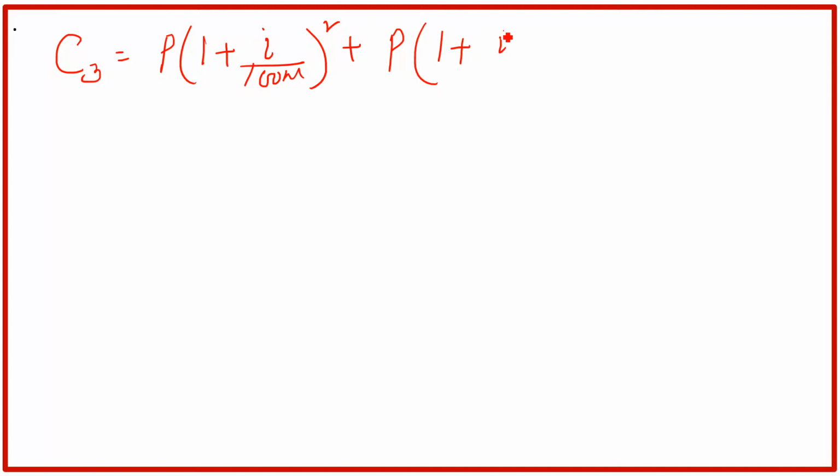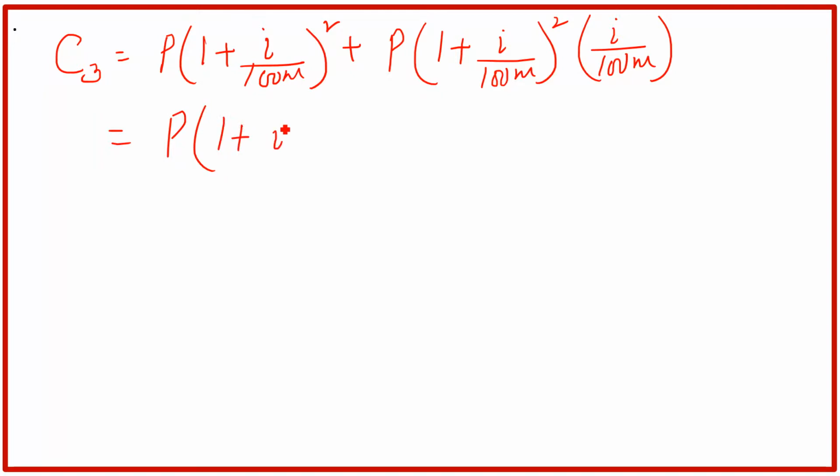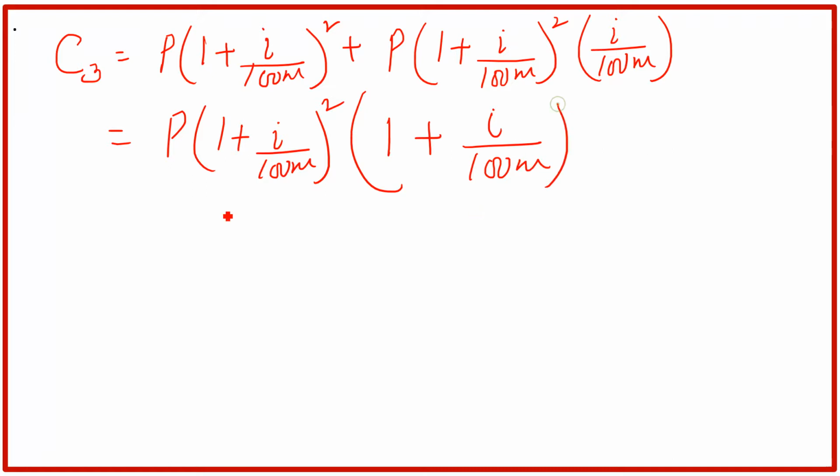And for C3, similarly, P into (1 plus I divided by 100 into M) whole square, and now we will get interest on this amount into I divided by 100 into M. If I take P into (1 plus I divided by 100M) whole square as common, here we have 1 left plus I divided by 100 into M, which is equal to P into (1 plus I divided by 100M) whole cube.